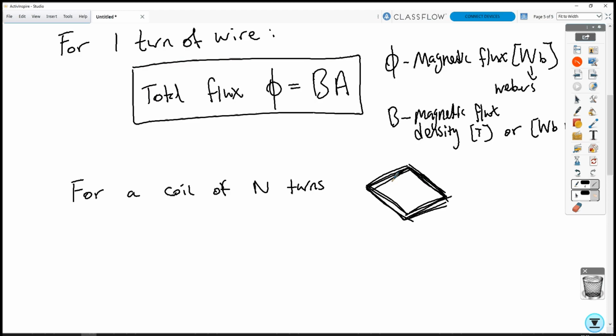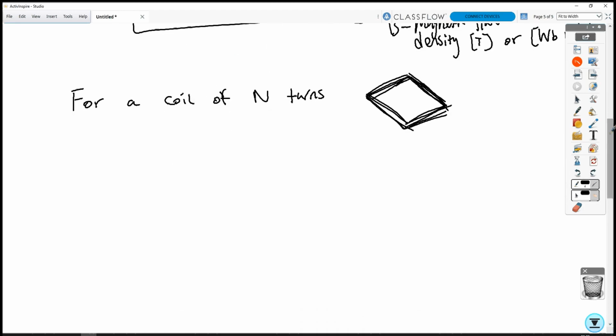Because all the coils are grouped together, the total flux passing through the entirety of those coils is the number of coils times the flux for one coil. They all have the same area, so every single one of them has phi equal to BA. And because there's N times the number of coils, the total flux going through every single coil added together is NBA, or BAN. So now we write that as N phi equals BAN.